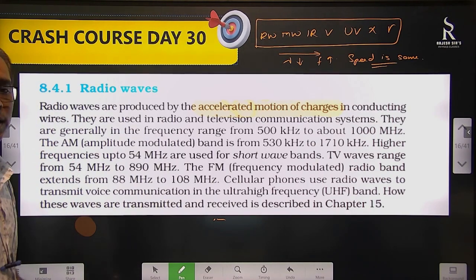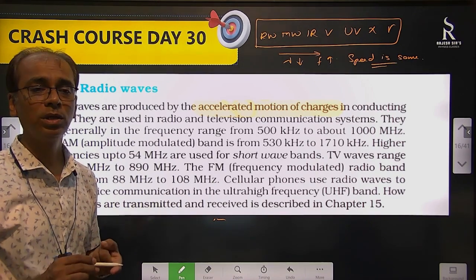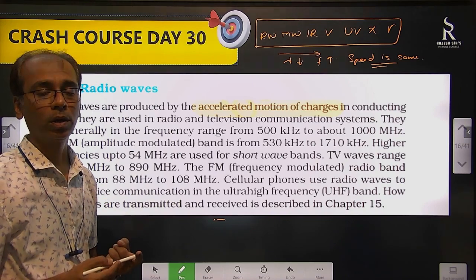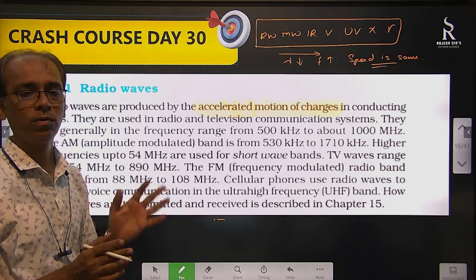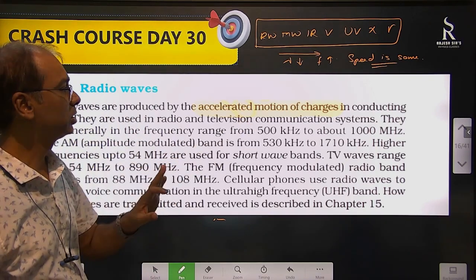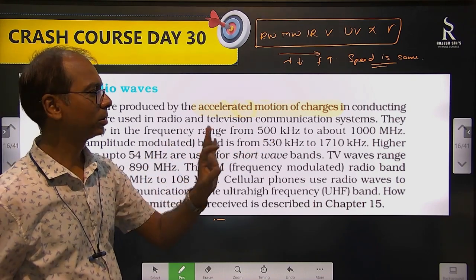Now where are they used? In radio communication, television communication, mobile communication. So all types of communication we use radio waves. They are used in radio and television communication systems. They are generally in the frequency range 500 kilohertz to about 1000 megahertz.